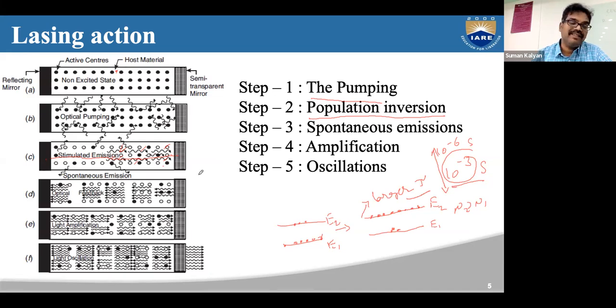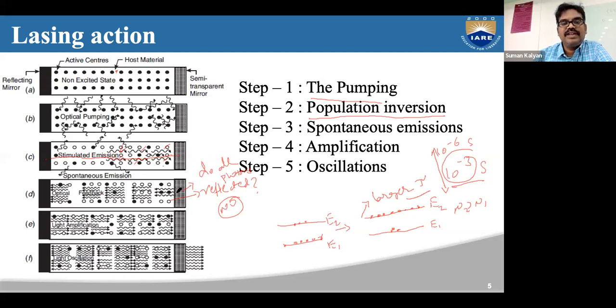Now, what happens? Do all the photons from here get reflected? No. Because this is not a 100% reflecting mirror, it is a semi-transparent mirror.